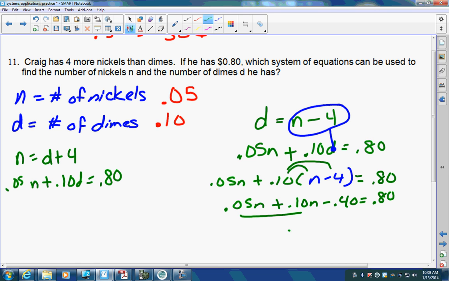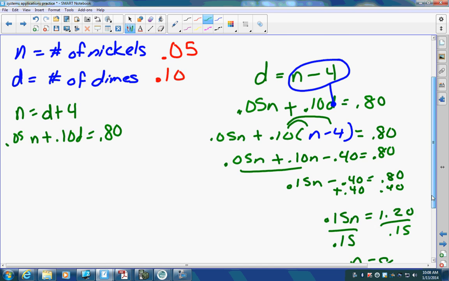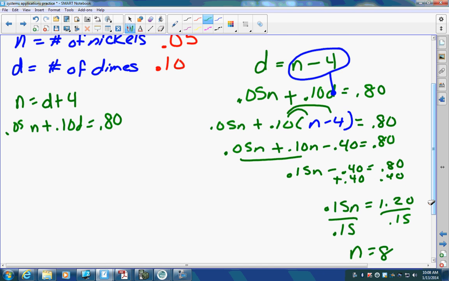Well, now when you put these together, you get 0.15n minus 0.40 equals 0.80. Add 0.40 to each side. 0.15n equals $1.20. And if you divide by 15 cents, n equals 8. So that means I've got 8 nickels.